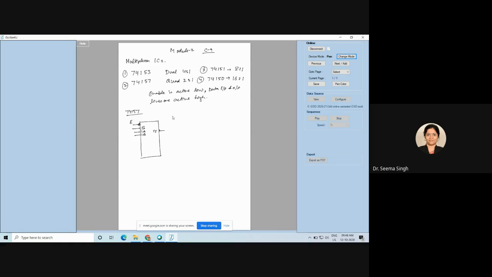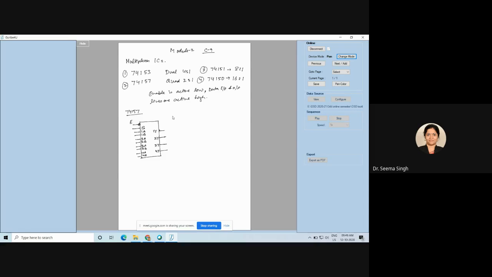Now the second 2:1 mux I will show like this. It is 2A, 2B, and in front of it I am showing 2Y. Same way I will show my third 2:1 mux and its respective output, and the fourth 2:1 mux's input and fourth output.